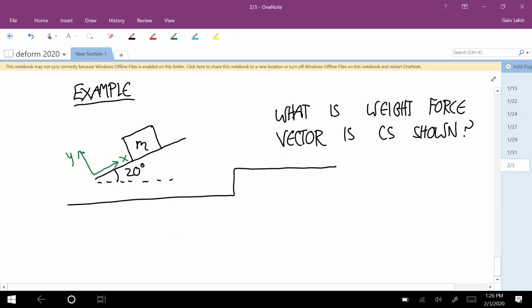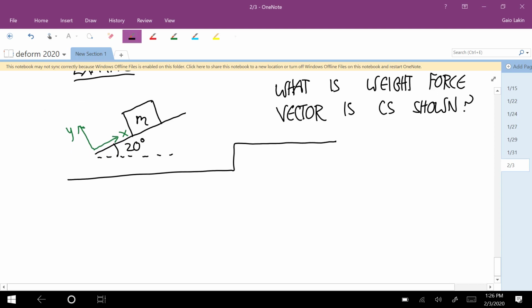Well, you're used to doing this with trigonometry. You draw out a triangle or whatever, come up with the components. But you can also do it because in this coordinate system, the weight force is easy, instant to figure out: 0, negative mg, 0.